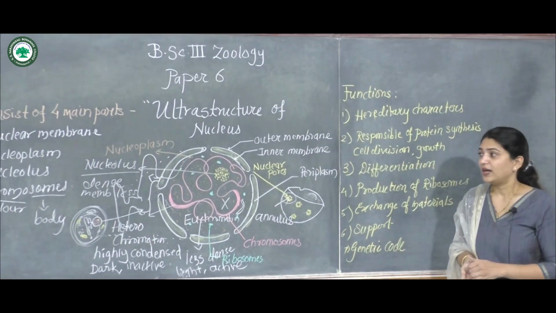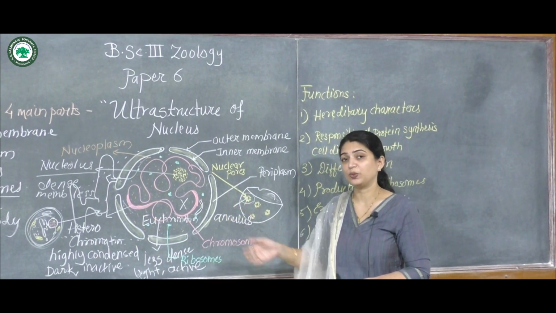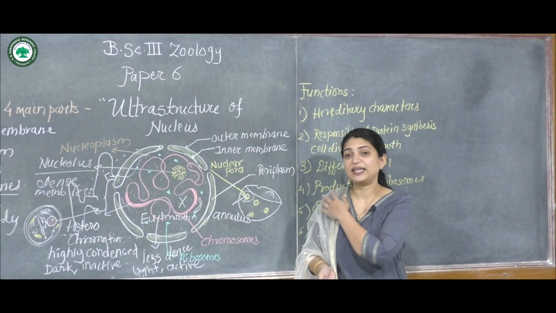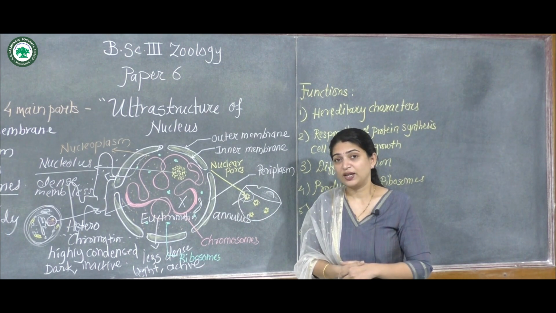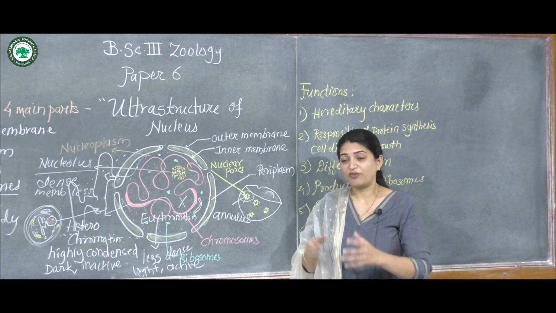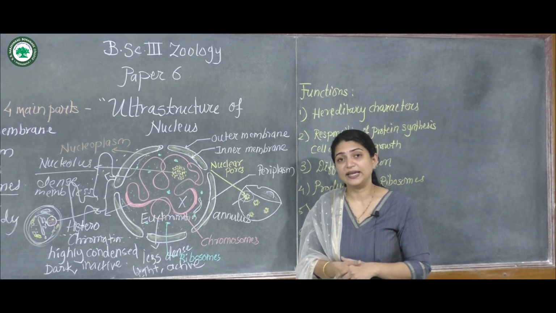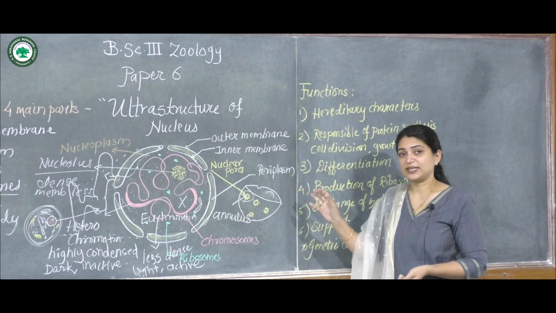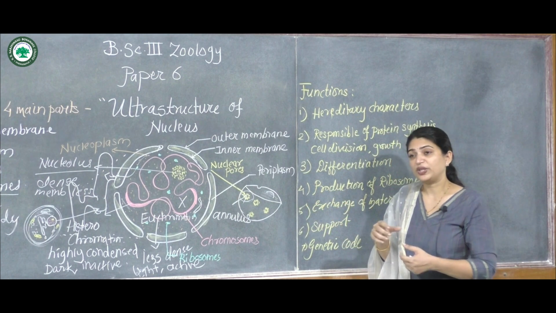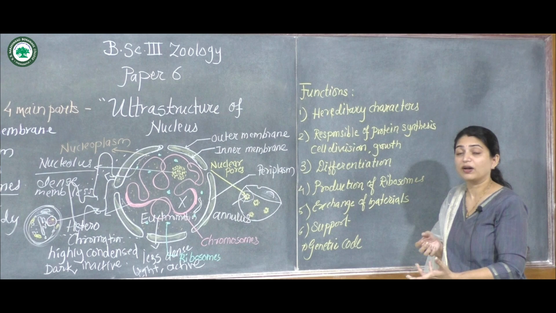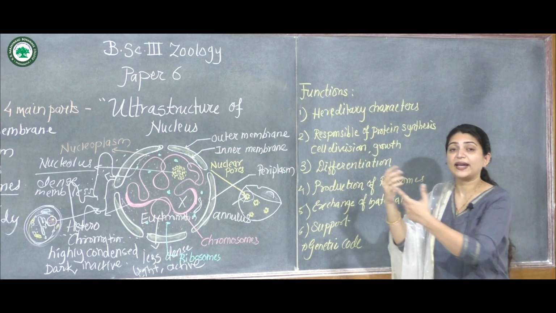Okay, so as we have seen, the chromosome is present in the nucleus. The chromosome is the structure where the hereditary, genetic information of a particular organism is present, on the DNA. Okay, so the nucleus carries that chromosome, and this helps to give an identity to different organisms by transferring the hereditary characters from one organism to another.